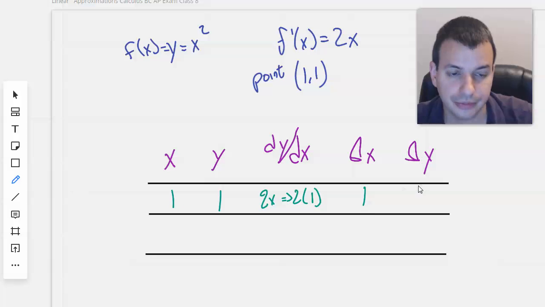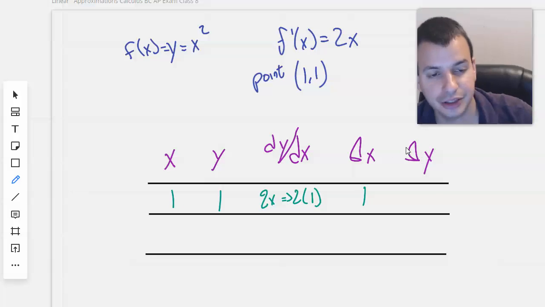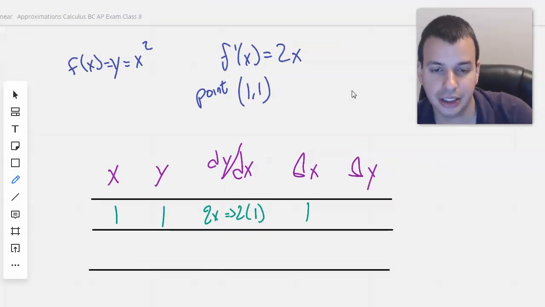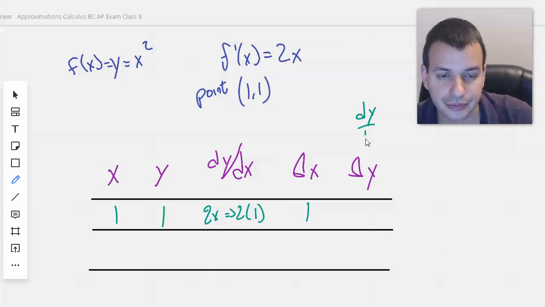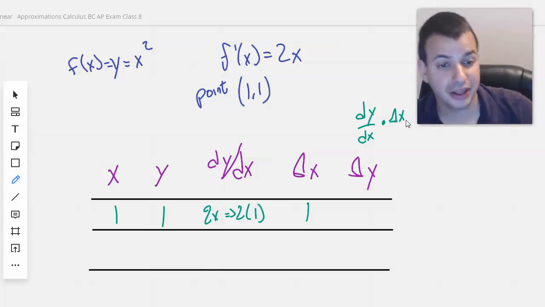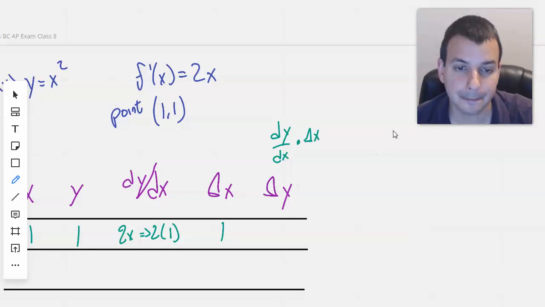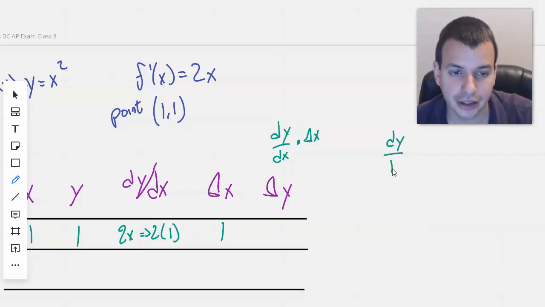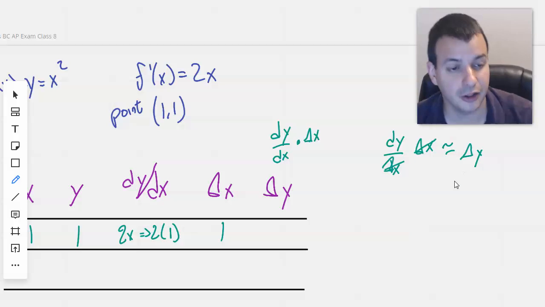So it'll be 1. And then delta y here is going to be dy/dx times delta x. Another way of thinking of this would then just be dy/dx times delta x. Delta x is canceled, and you get something that's kind of sort of like delta y.